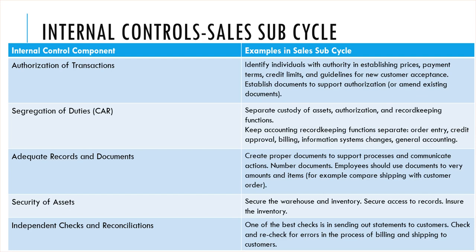And one of the best checks after that point is actually billing a customer, and the customer comes back and says, hey, you got the price wrong, or bill a customer and then send out a statement and the customer has paid their bill and you're still asking them for payment.